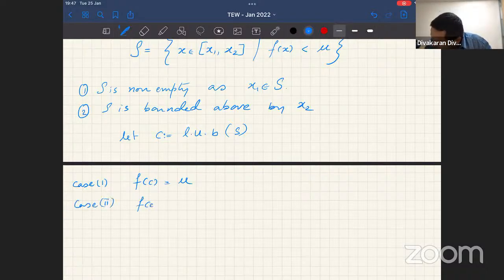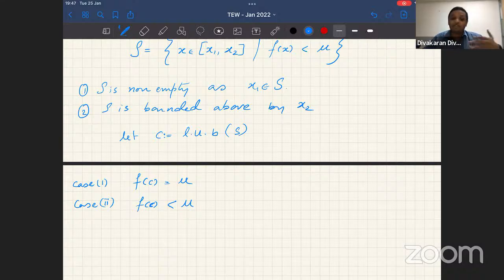So the really important case is only case 2. That means f of C is strictly less than mu. In this case, we are going to prove that there exists a slightly greater value than C such that f of that value is also less than mu. But this contradicts our assumption that C is the least upper bound, just like how we did in induction. So that's the trick that we are going to now do.